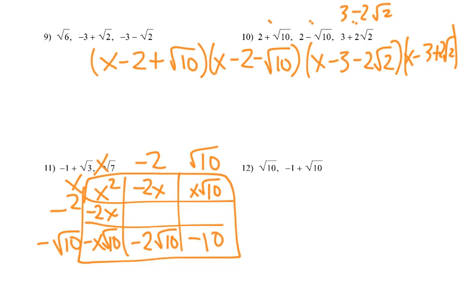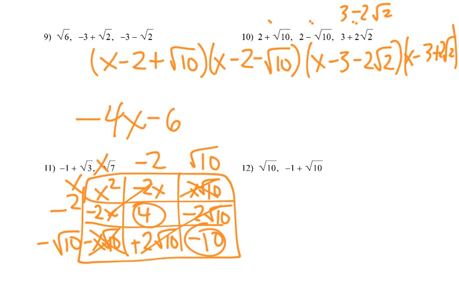Negative 2x, positive 4, and negative 2 root 10. So once again, that would be positive, wouldn't it? Negative times negative. So those eliminate. Those eliminate. 4 minus 10 is going to give us negative 6. That would be negative 4x and x squared.